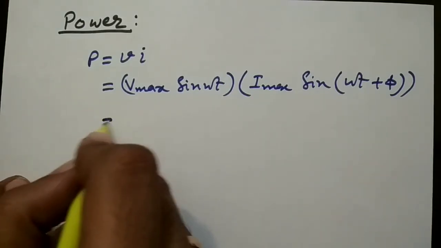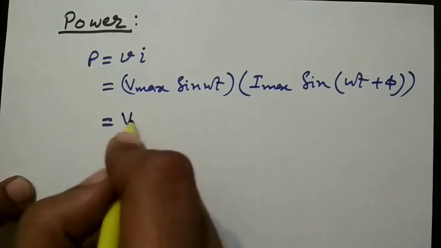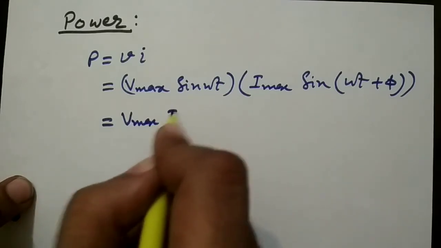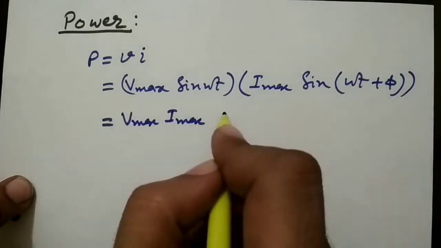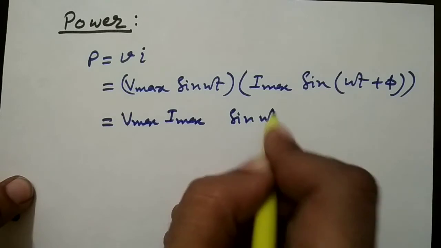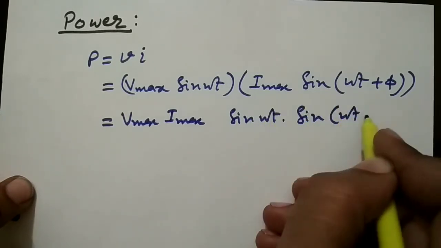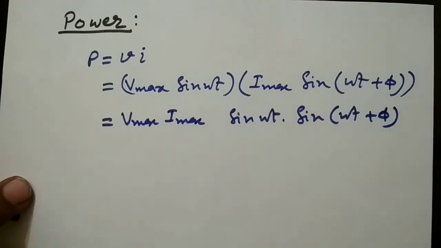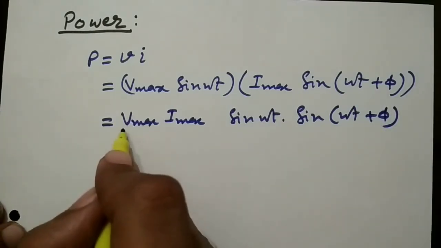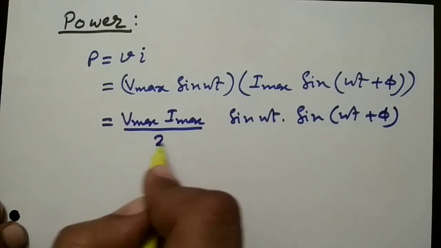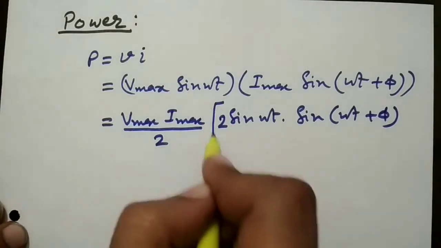So here we can write Vmax into I max into sin omega t into sin omega t plus phi. Divide by 2 and multiply by 2.